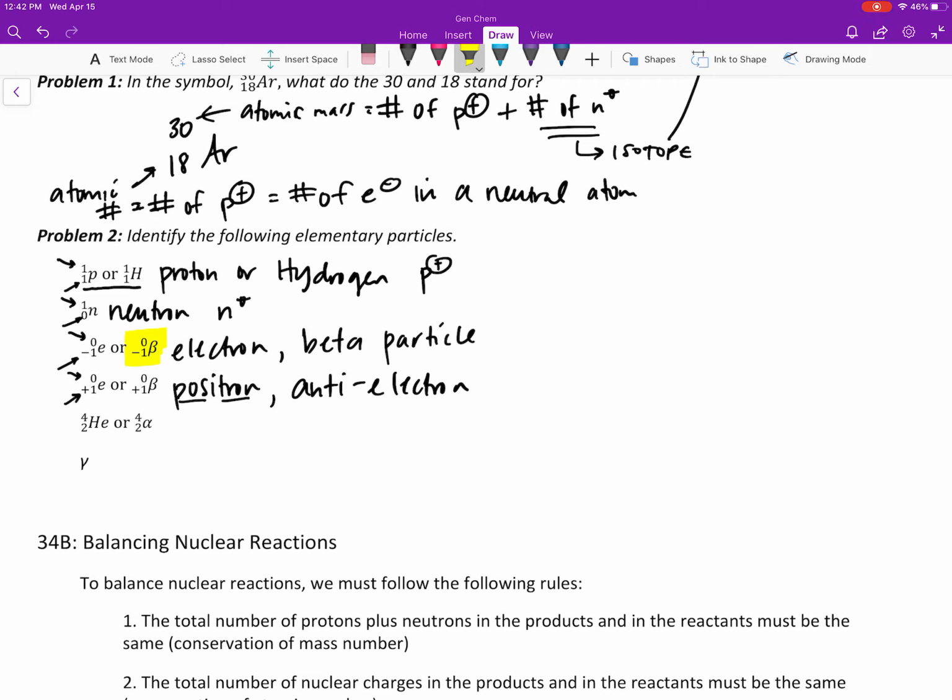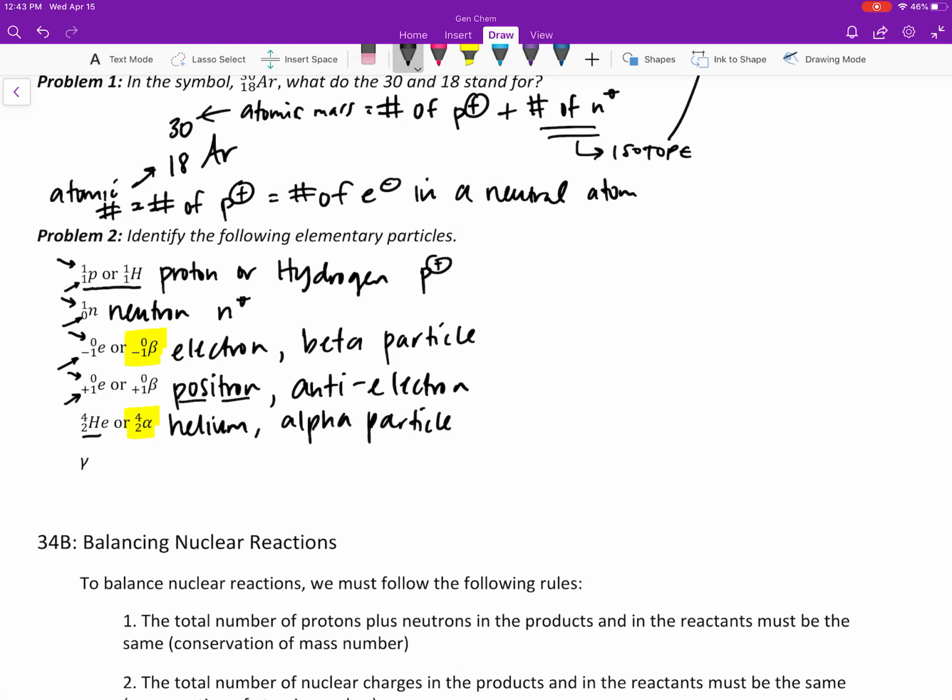The next symbol here, hopefully you recognize this to be helium. But it's also going to be an alpha particle. An alpha particle is made up of 2 protons, 2 electrons, and its atomic mass is 4, which means 2 protons and 2 neutrons.